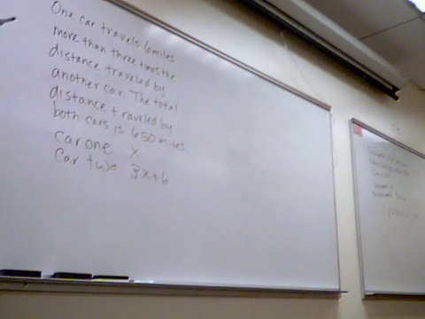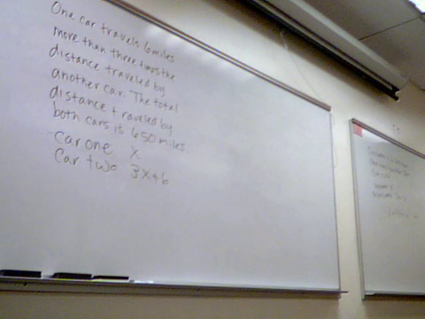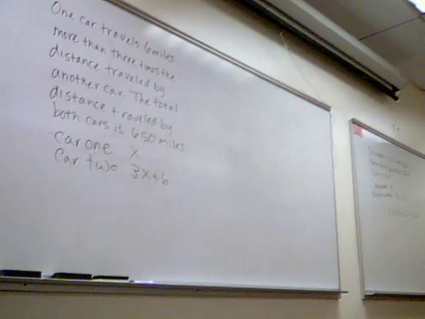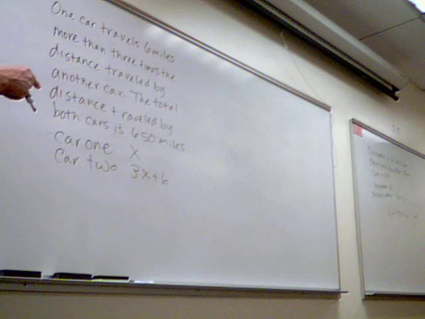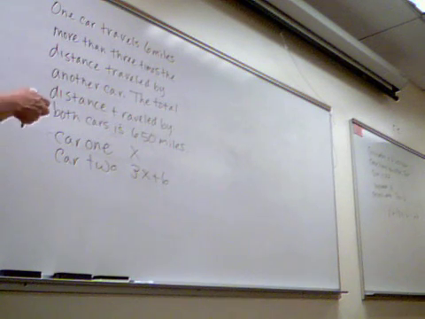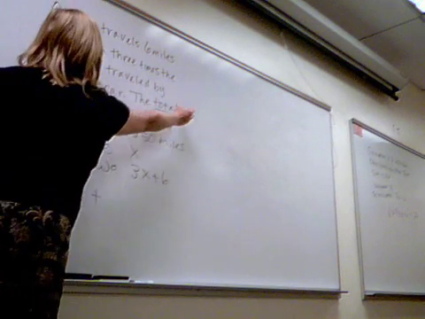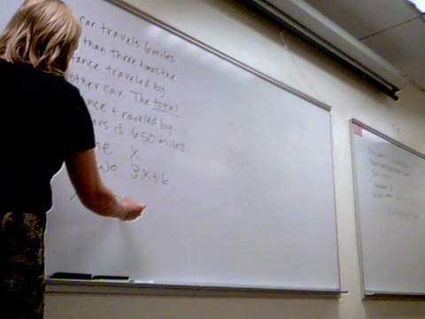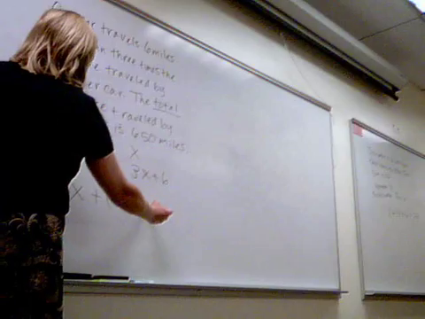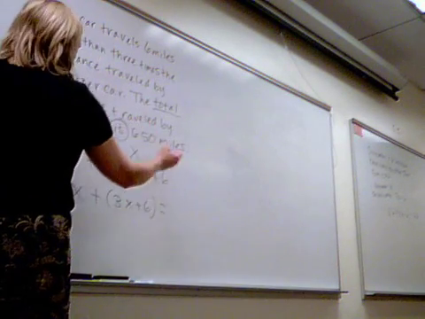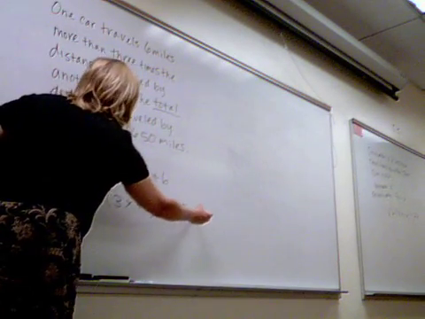We found our two unknowns. Now, we have to find the total distance traveled by both of them, and it's equal, because it says is, 650. So what am I going to do with these two numbers? Add them. So the sum, or the total of both of them, is 650.